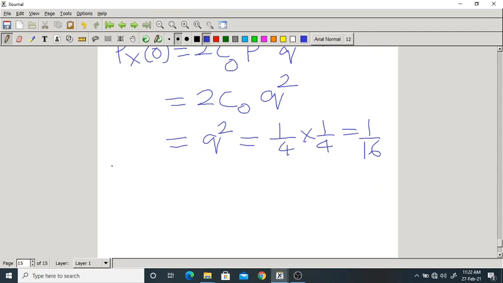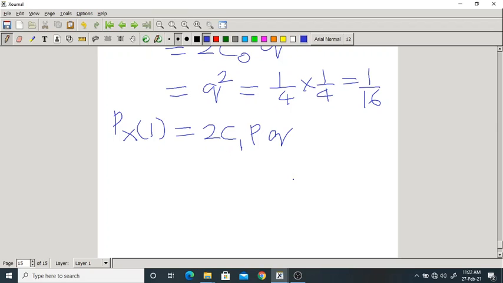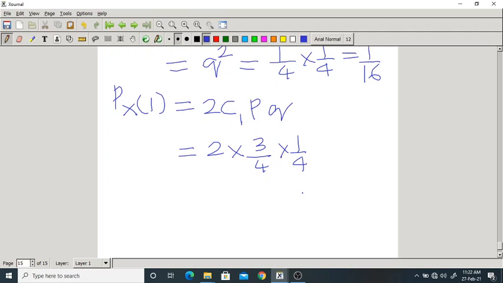Now, what is Px of 1? k equal to 1. That is 2C1 into p into q. What is 2C1? 2. 2 into, what is p? 3 by 4 into 1 by 4. q is 1 by 4. What is Px of 2?